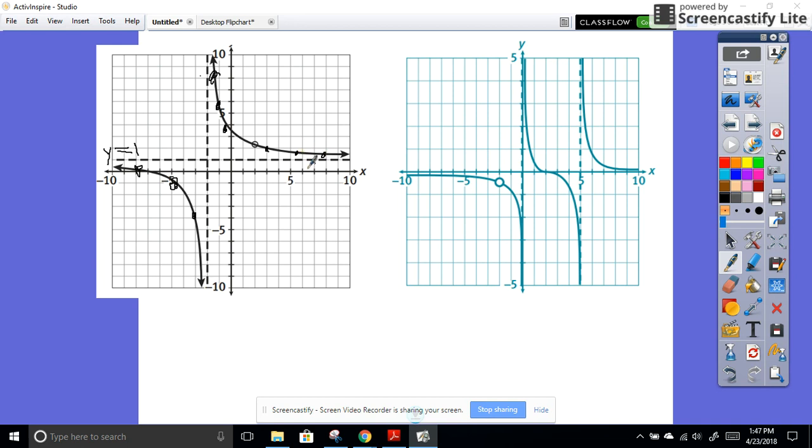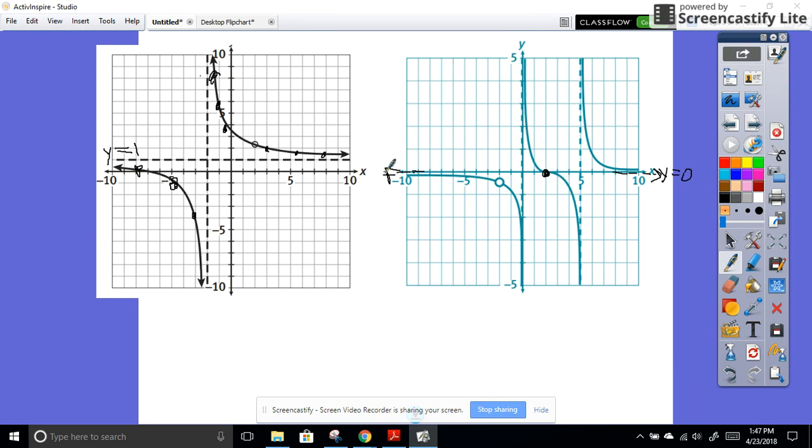The problem with always calling it a horizontal asymptote is that some rational functions, like this one over here, have a horizontal asymptote at y equals 0. But there is a place right there that has a y value of 0.